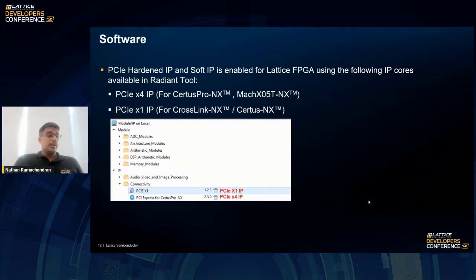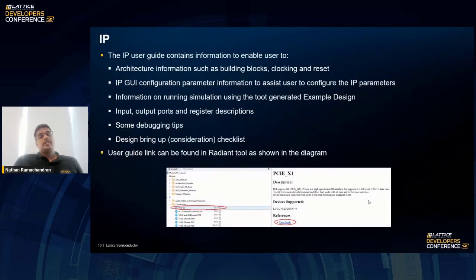So you can go into Radiant and click these IPs to create the wrapper that configures all the settings for the soft and hard IP to enable PCIe. The usage and configuration of PCI x1 and x4 is provided in an IP user guide.